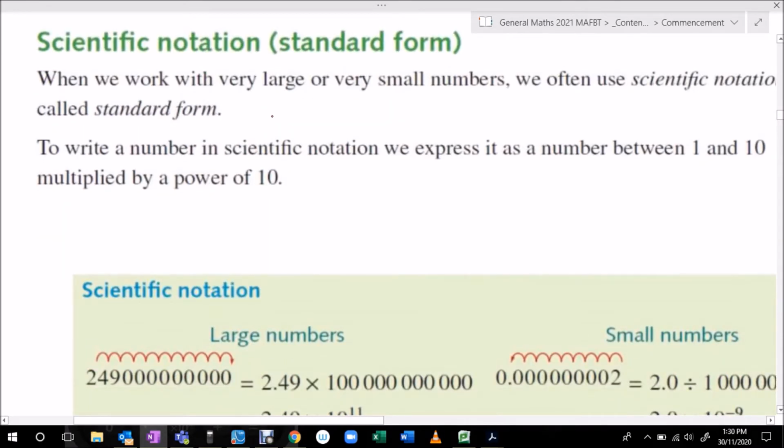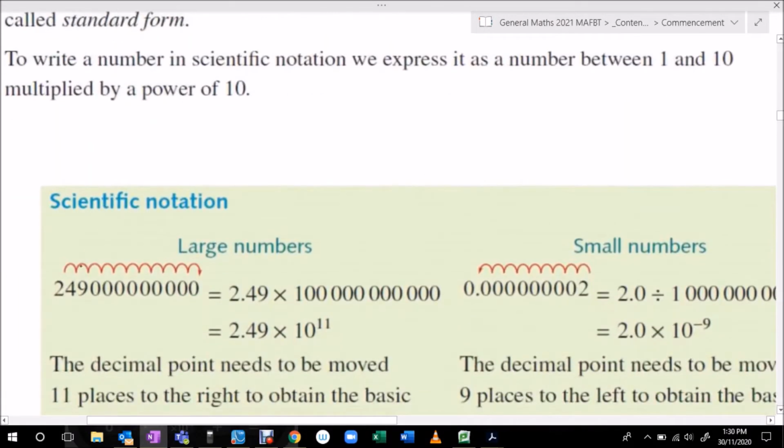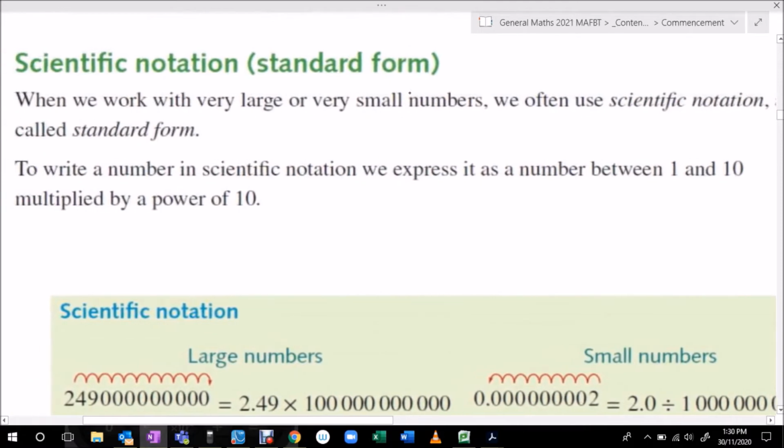This is when you're working with very large or very small numbers, like numbers that look like this, or decimal numbers that look like this. The idea is you write the numbers in a certain way so that it's easier to represent.